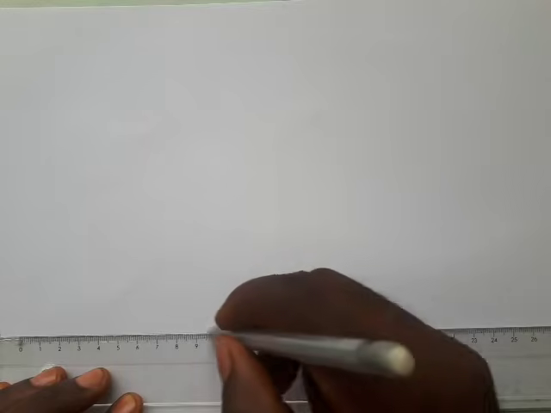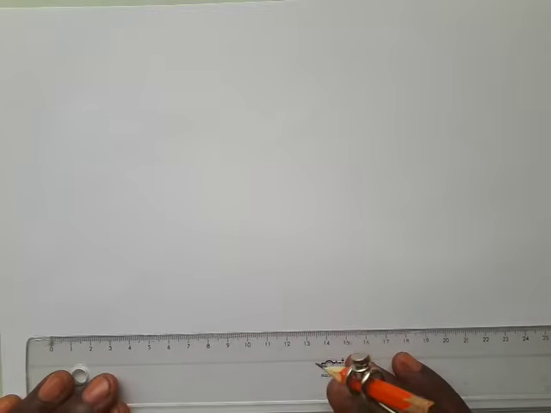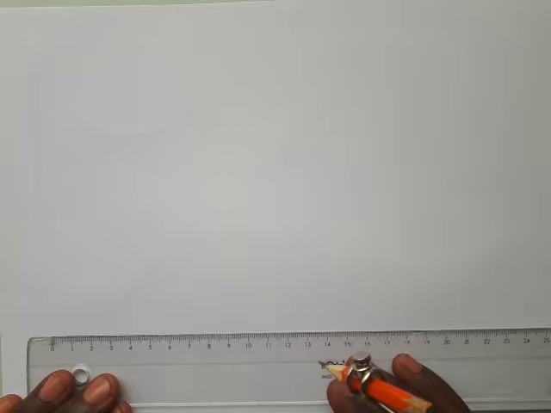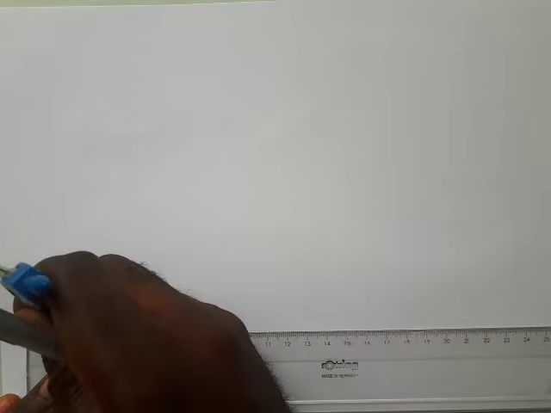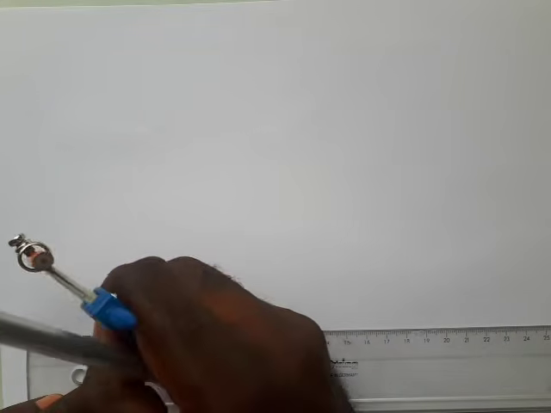You start by drawing a horizontal line first. We're told this is 35, so we're going to measure 35, that's 3.5 cm. So this is 0 and this is 3.5.